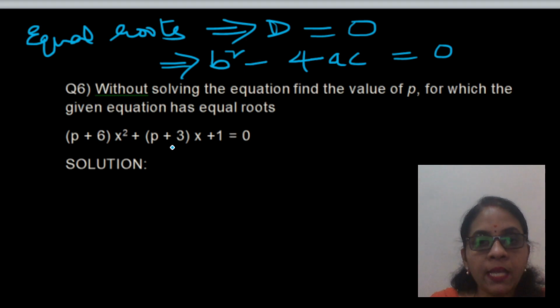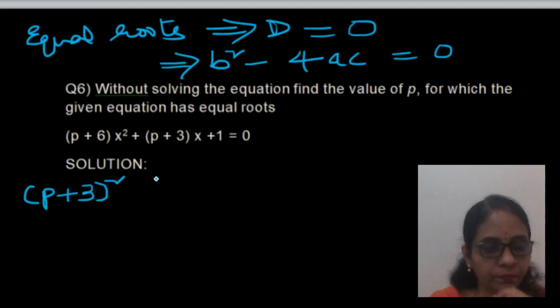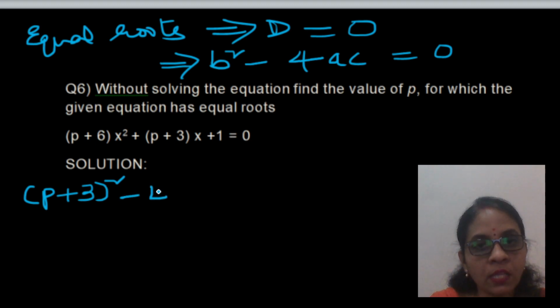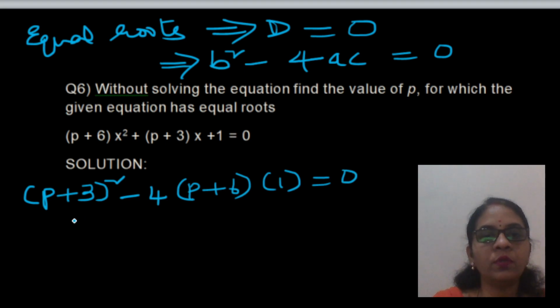Now, what is in place of b? It's really weird to write, so we'll tell it orally. We have b as p plus 3. So, b square is p plus 3 whole square, minus 4ac. Minus 4 into a which is p plus 6, into c which is 1, is equal to 0.